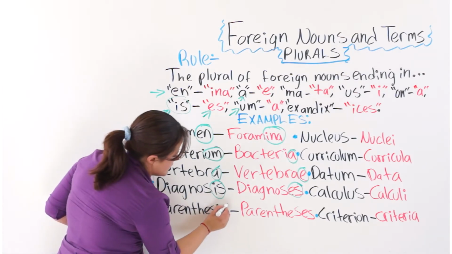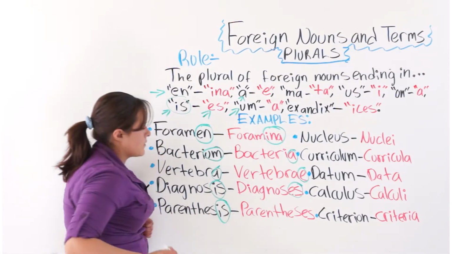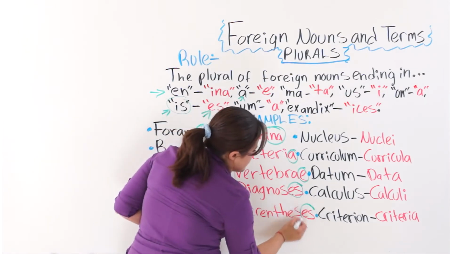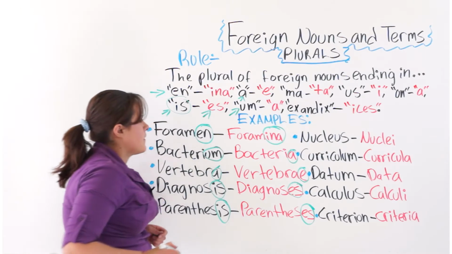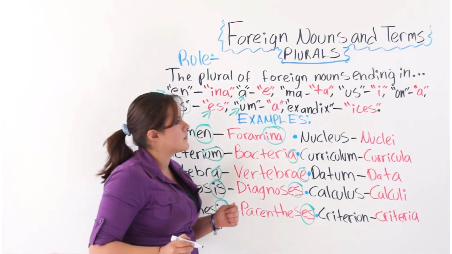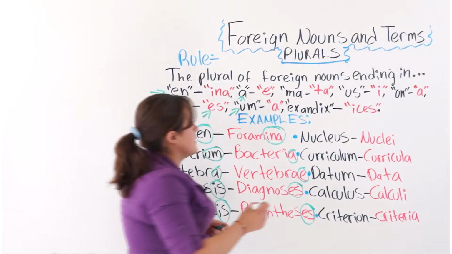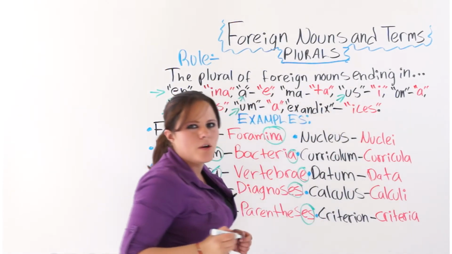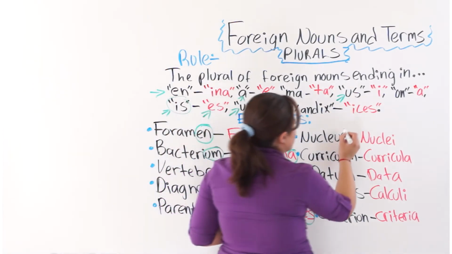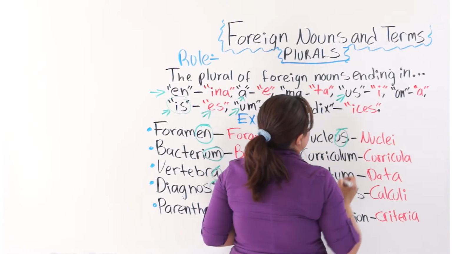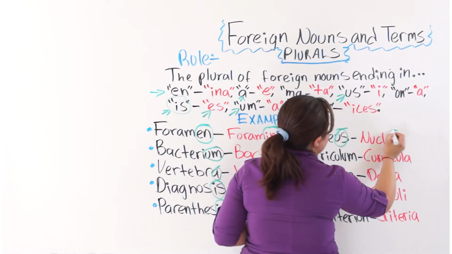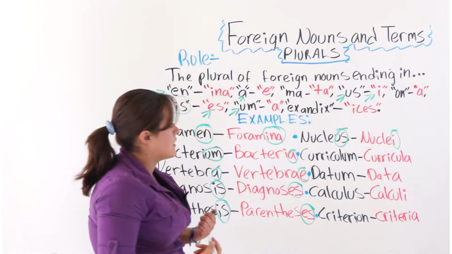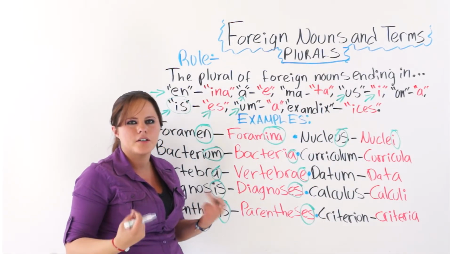It also ends in is, so we are going to replace the is with an es. The next one is nucleus. As you can see here, it ends in us. So we are going to replace the us with an i, as in this rule. Instead of saying nucleus, we are going to say nuclei.